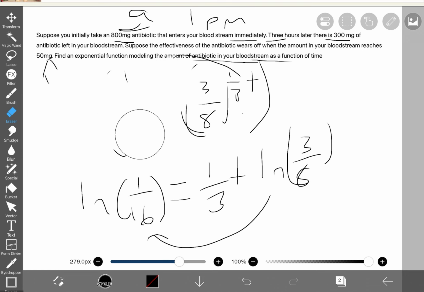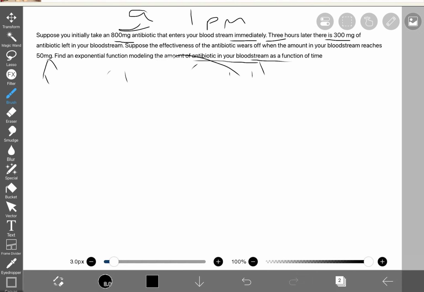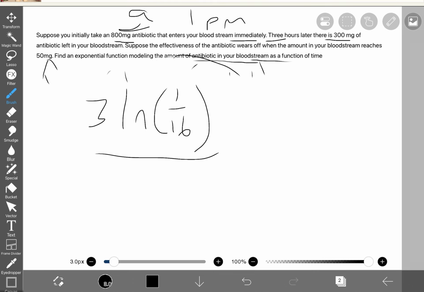And then you can just take this and divide by that. And I'm just going to erase this and rewrite it one last time. I apologize, it's kind of hard to write on this thing. You turn this entire thing into 3 ln of 1 over 16, because you also got to take the 3 out from over there. You have to divide by 1/3, and anything divided by 1/3 is basically times 3, so we're going to put it up there.